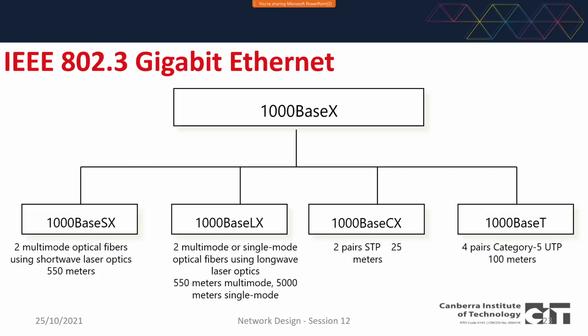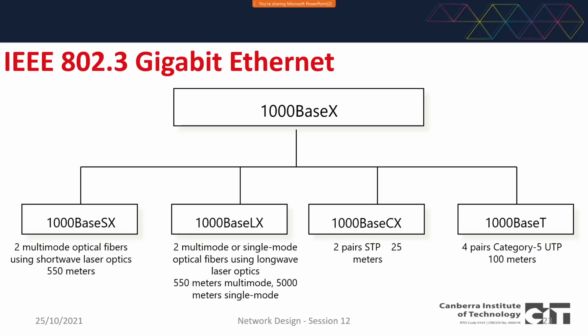Now we talk about gigabit Ethernet, the revolutionary 1 gigabit Ethernet. It's the 1000BASE-X. Among the types of cables that can support 1 gigabit Ethernet, we have 1000BASE-SX, which uses 2 multi-mode optical fibers with short-wave laser optics. They go up to 550 meters. We have 1000BASE-LX, 2 multi-mode or single-mode optical fibers.